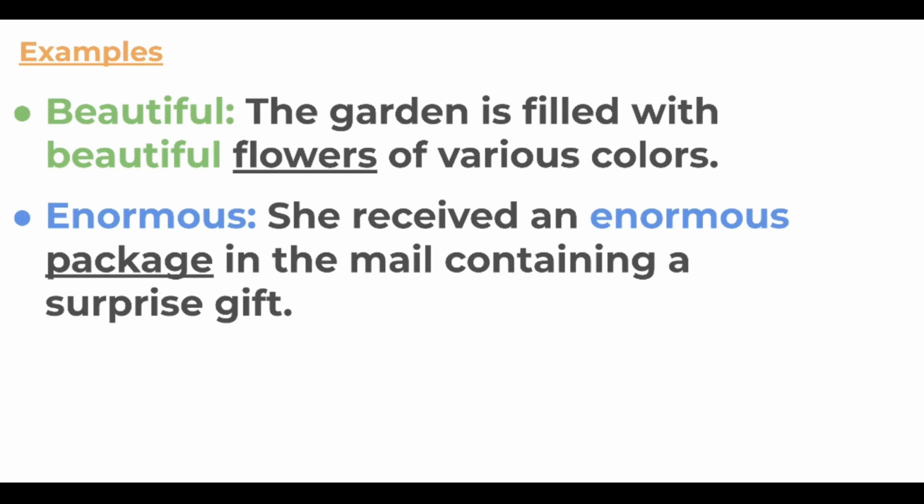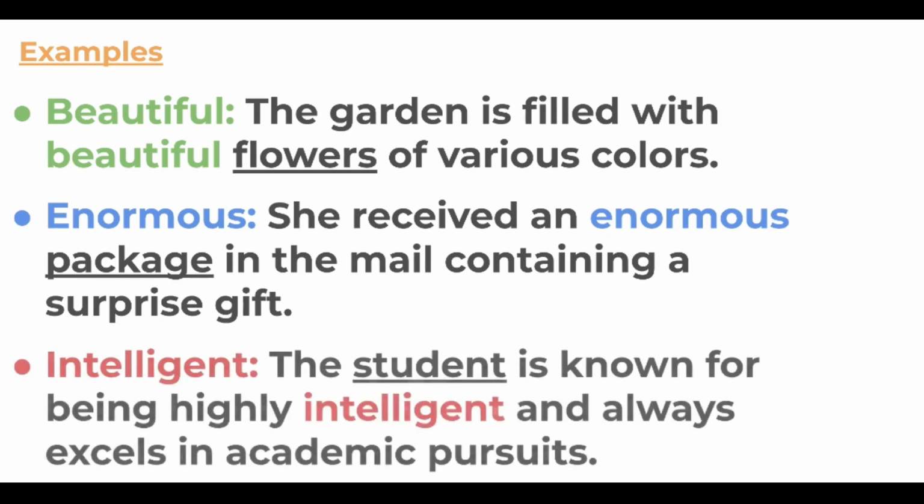Enormous, talking about the package. Intelligent. The student is known for being highly intelligent and always excels in academic pursuits. Intelligent here describing the student. So you can see how the sentence is much more interesting with these adjectives here.